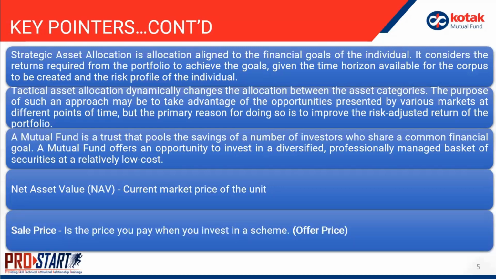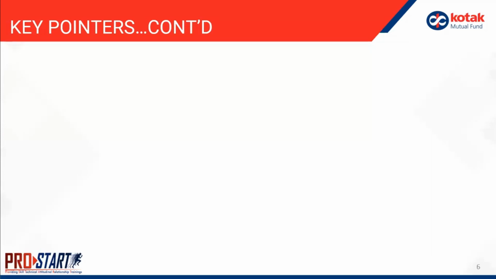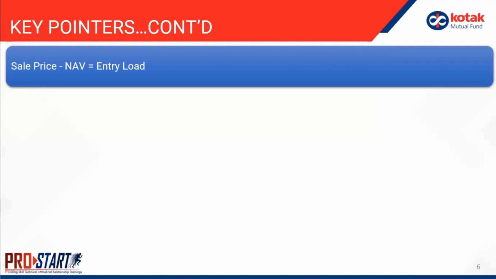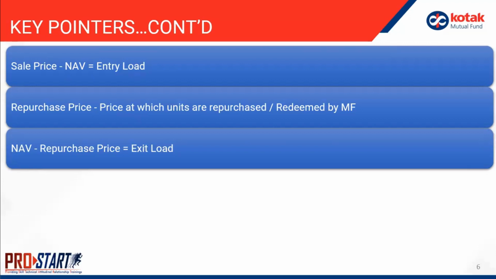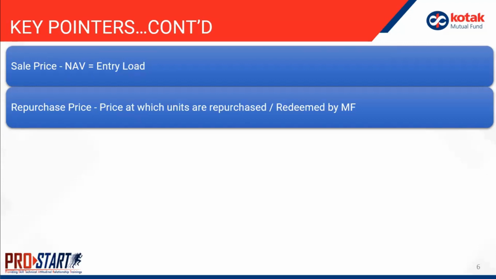Sale price is the price you pay when you invest in the scheme. That is the offer price, right? The sale price minus NAV will be the entry load. So NAV plus entry load will give you your sale price. Then there is the repurchase price, at which the units are repurchased or redeemed by the MF.